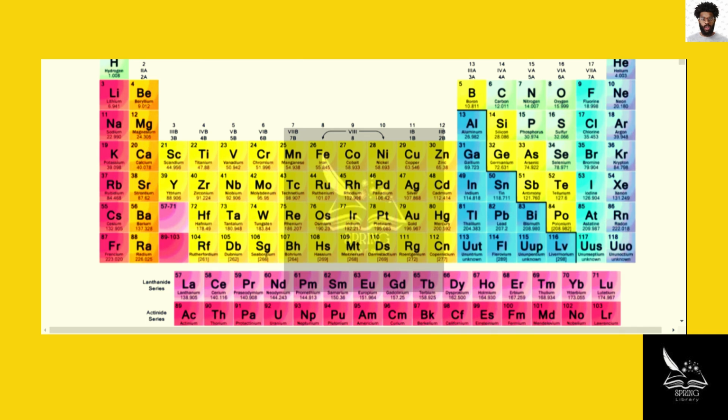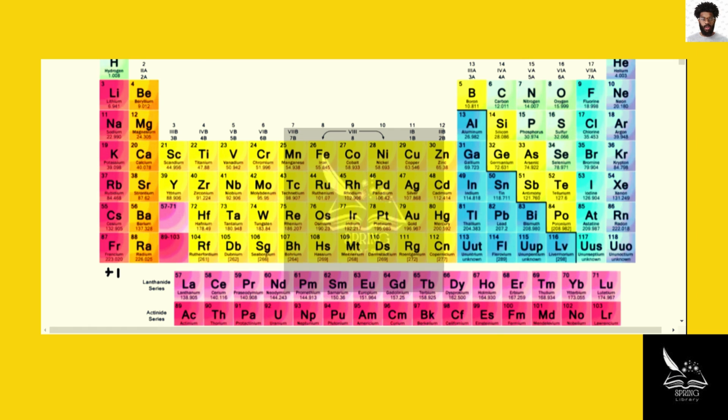And so remember, as we look at the periodic table, over here on the first column are our alkali metals, and they typically have oxidation states of +1. And so they have one electron that they easily and readily want to give away.